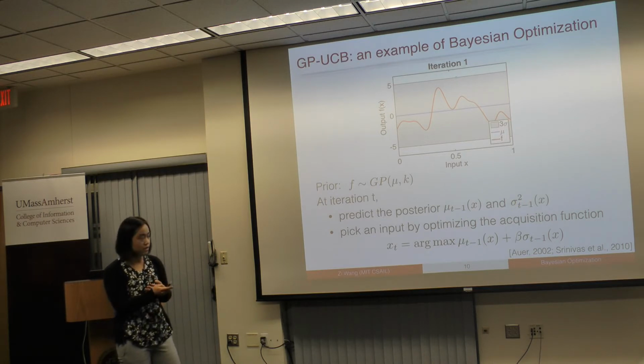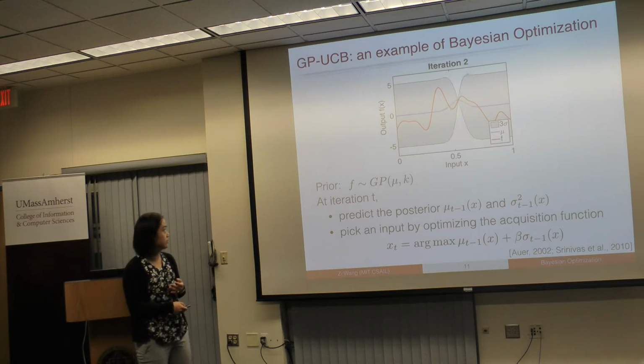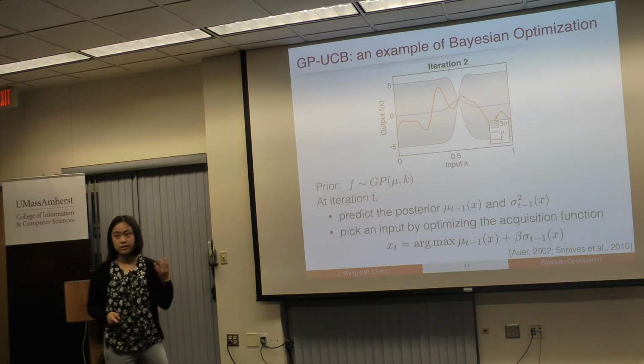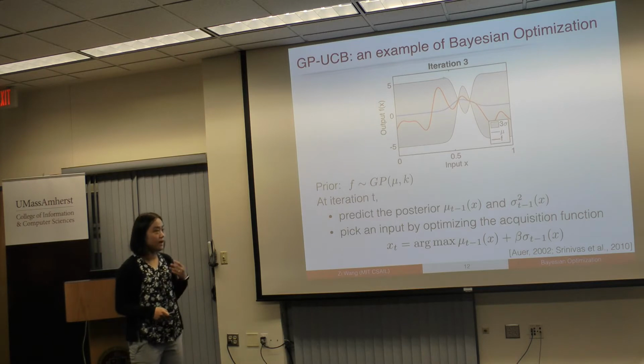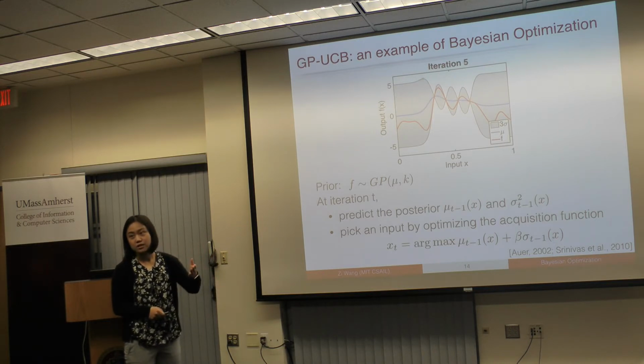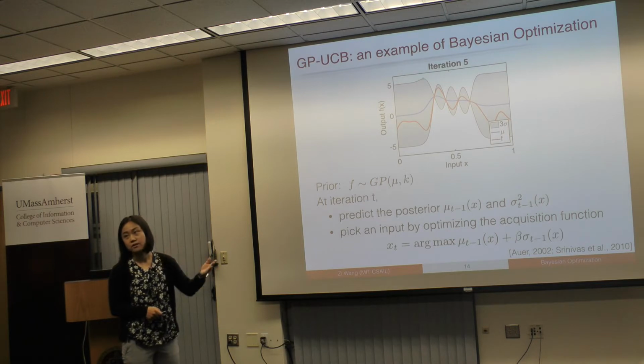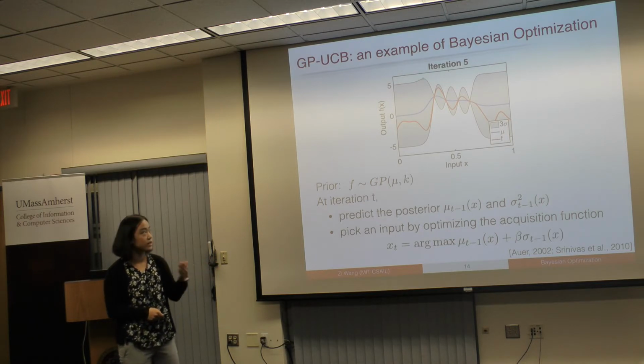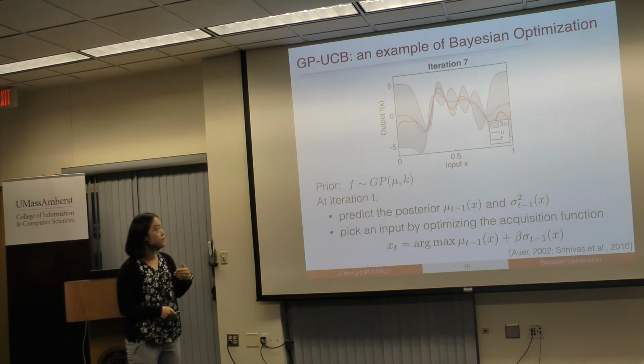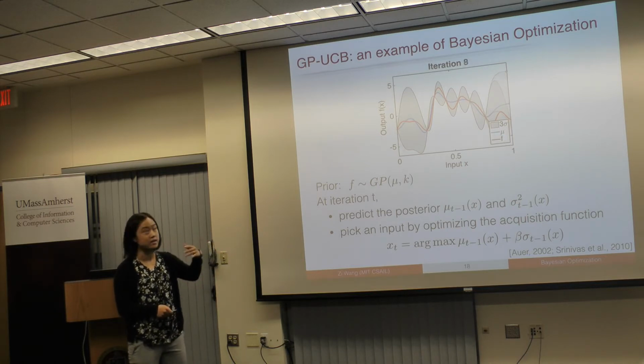In every iteration, it looks for the input that achieves the highest upper confidence bound as the input to evaluate. Then we evaluate its function value, put that new observation in the set of observations that we're conditioning upon, and get the posterior again and continue.